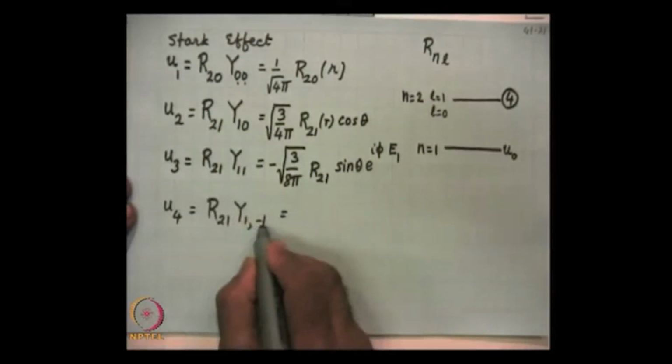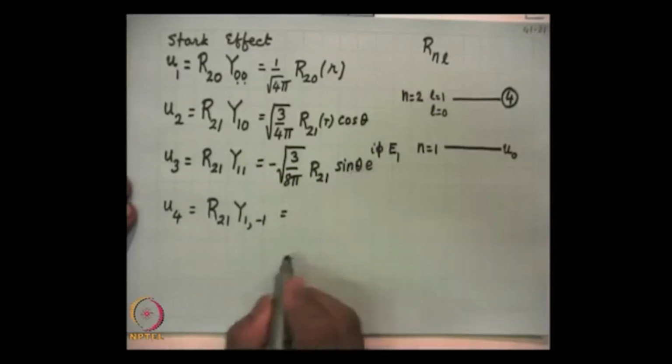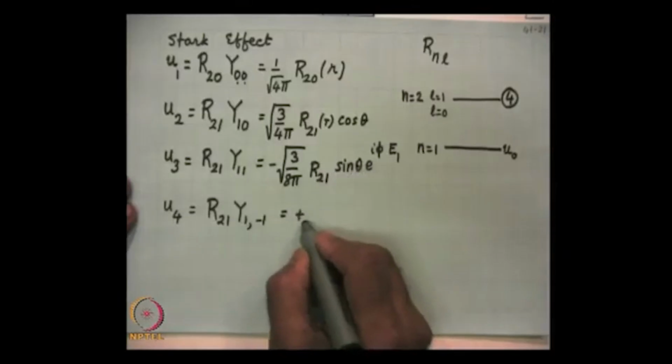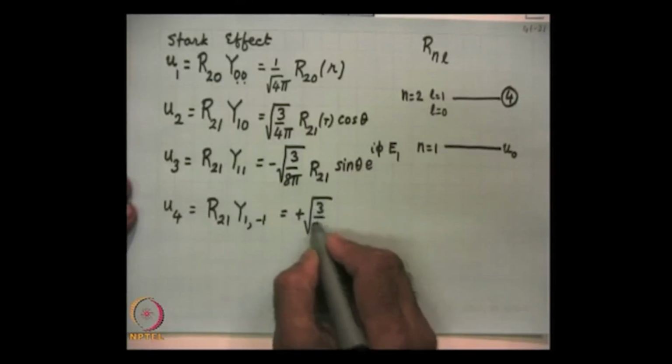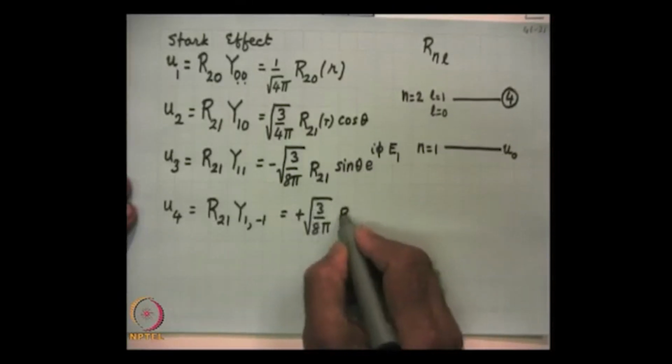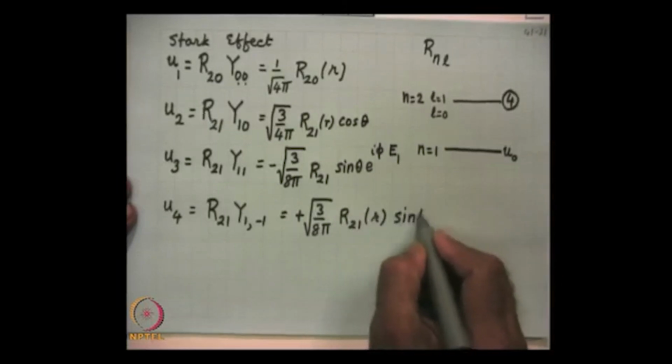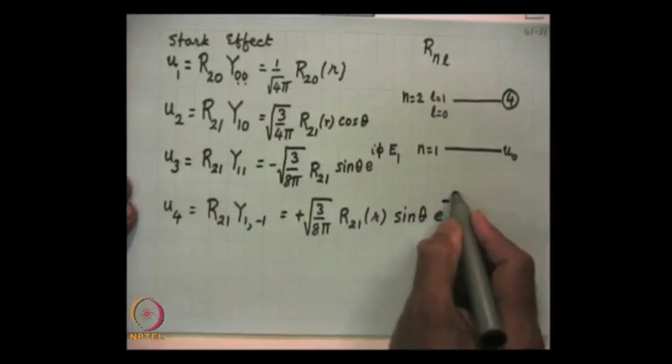So, m is equal to minus 1. So, sin to the power of L theta, that is sin theta, but this will be plus under root of 3 by 8 pi R21 of r sin theta e to the power of minus i phi.